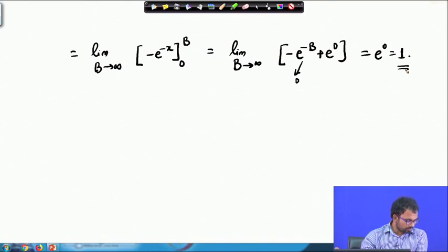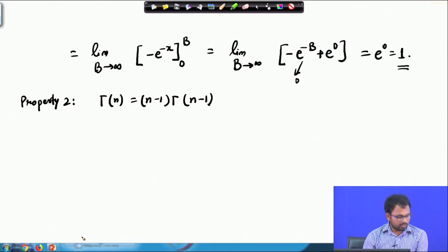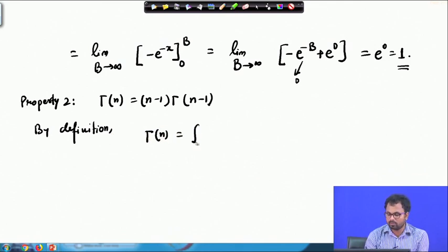Next, we will prove the second property, property 2: gamma n equals n minus 1 times gamma n minus 1. Let us see how we can prove this. First of all, by definition, we have gamma n equals the integral from 0 to infinity of x to the power n minus 1 e to the power minus x dx.